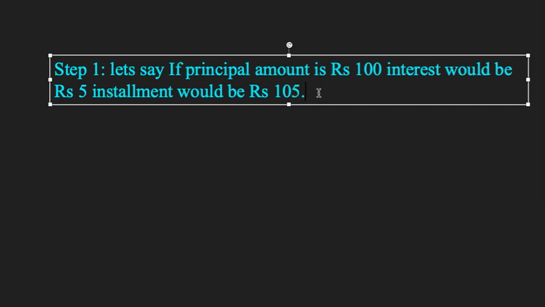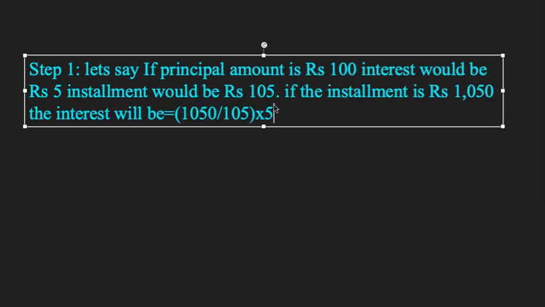Now the third installment is of rupees 1050. Then for the installment of rupees 105, the interest is 5, so for 1050 the interest will be 1050 divided by 105 into 5. Am I right?